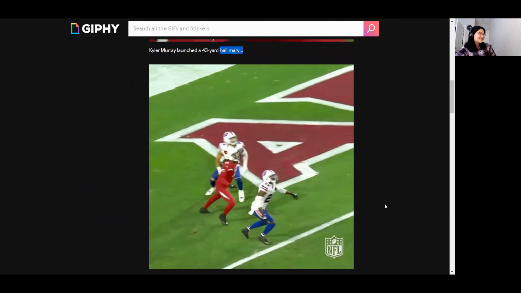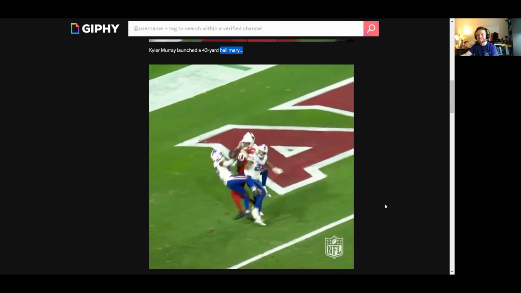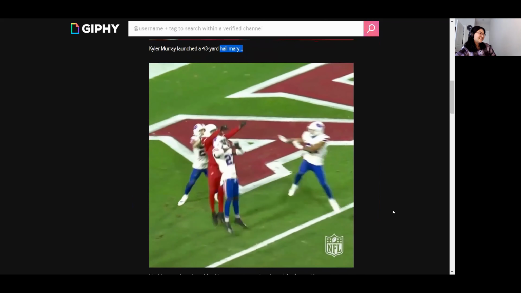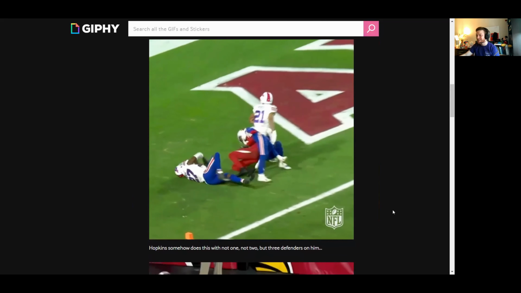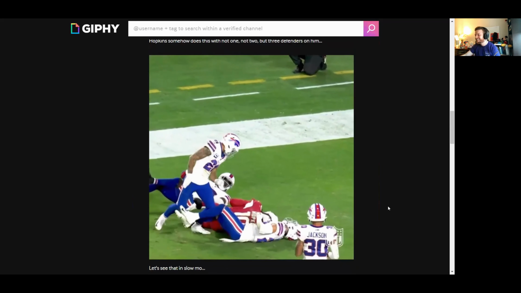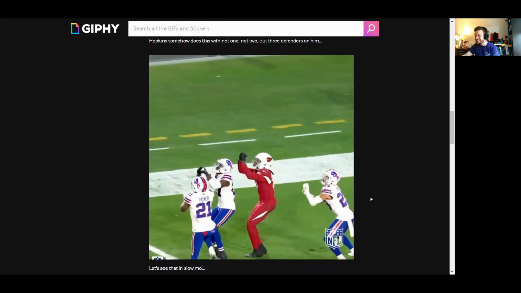Oh my gosh, 3 defenders, and he still catches it. Beautiful. That is athleticism. Hopkins somehow does this with not 1, not 2, but 3 defenders on him, and he holds onto it. I bet it's the gloves. Let's see that in slow-mo. Let's see that from the side. Unbelievable. This is a Hail Mary.